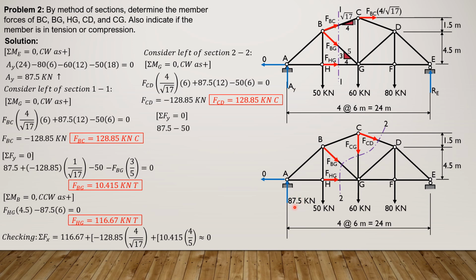We have 87.5 minus 50, then minus 10.415 FBG times 3 over 5, the vertical component, minus FCG, minus the vertical component of CD, which is negative, so minus negative 128.85 times 1 over square root of 17 equals 0. So solving for FCG, FCG is equal to 62.5 kilonewtons. So it is positive, so it is tension.